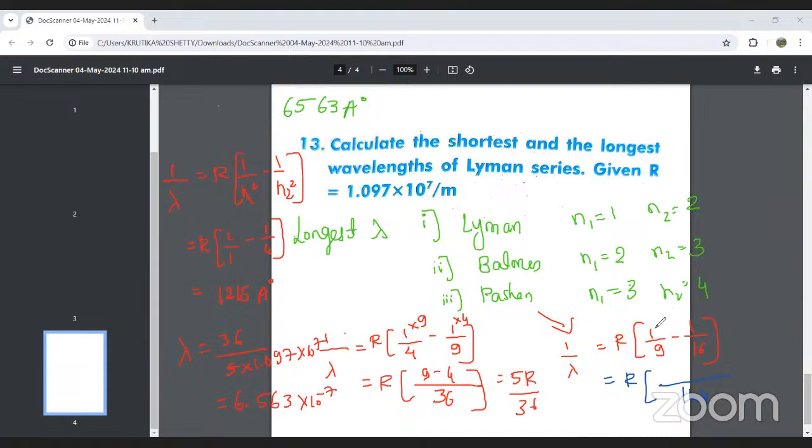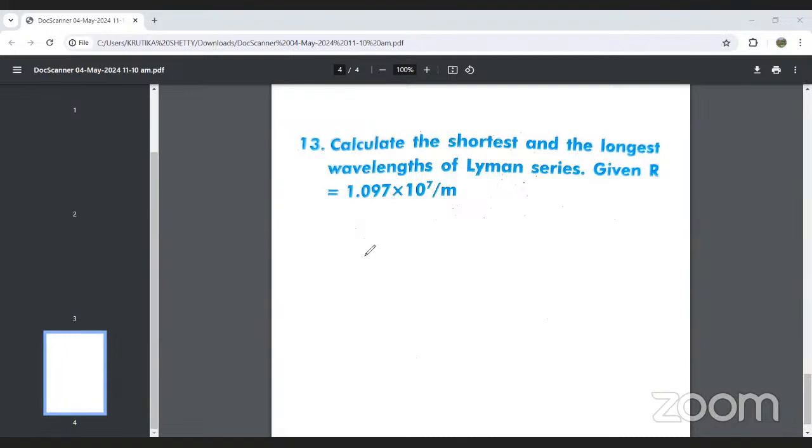Here 9 sixteens and here 16 nines. So it is 16 minus 9, which will be 7. Now for the Passion series, we have 1 by lambda is equal to r into bracket, 144, 16 minus 9, which is 7. So 7r divided by 144.